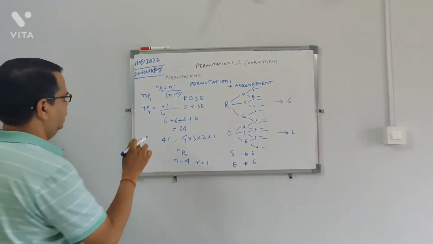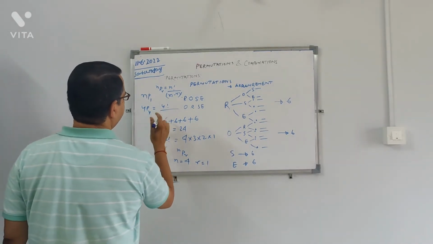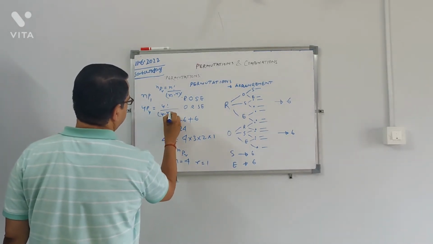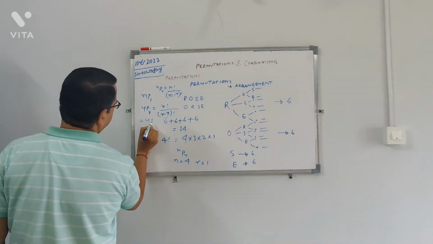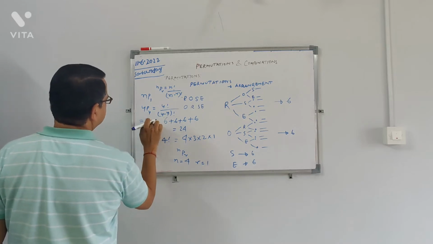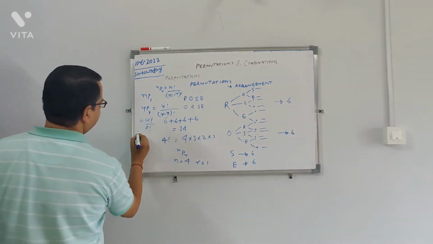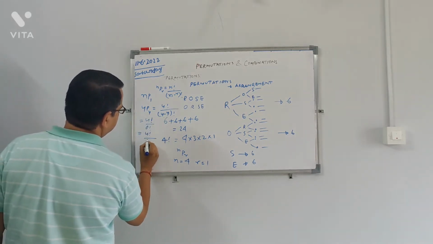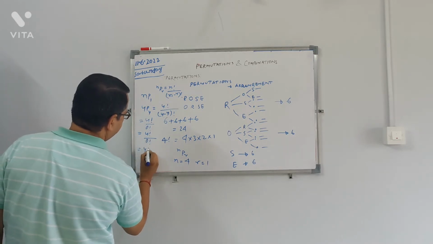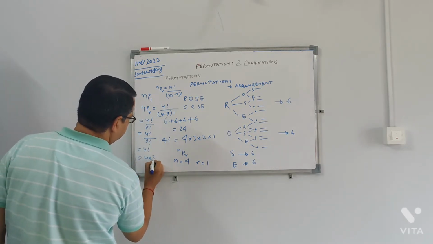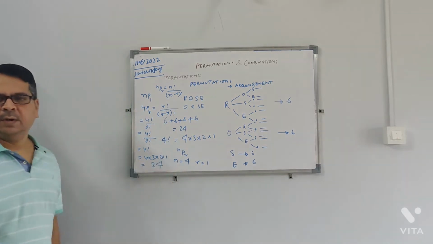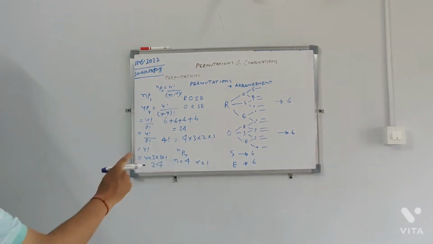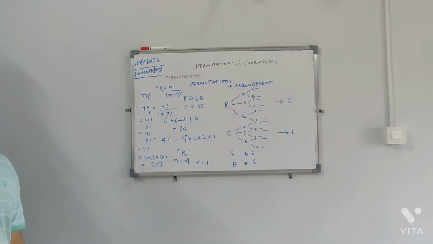So it is 4 factorial divided by (4 minus 4) factorial, which is 4 factorial by 0 factorial. 0 factorial is 1. So it is 4 factorial, which is 4 into 3 into 2 into 1, which is 24. Clear? So now you can understand what permutation is.